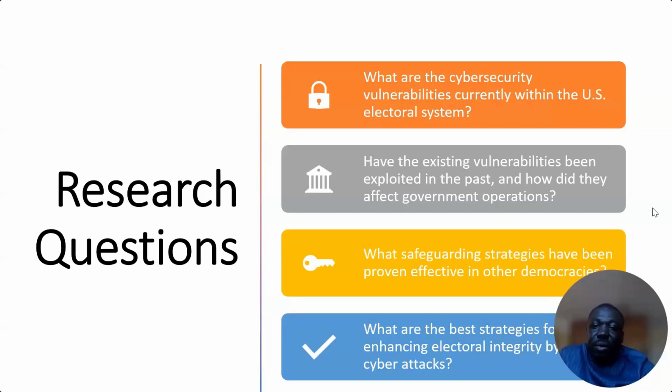It is crucial that election officials and the public know these threats, and that measures are in place to counter them effectively. So I propose comprehensive measures to enhance the cybersecurity framework to ensure robust security against current and future cybersecurity threats. Those are the research questions that I tabulated.